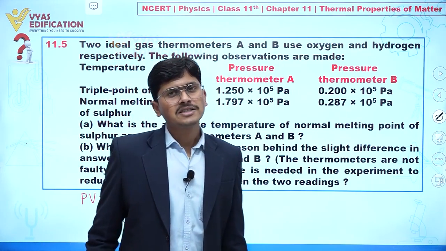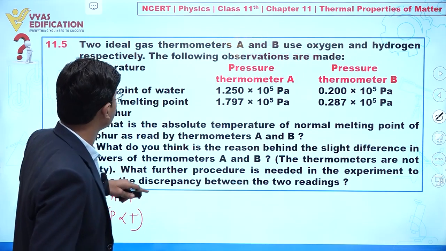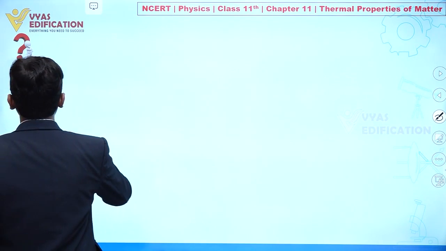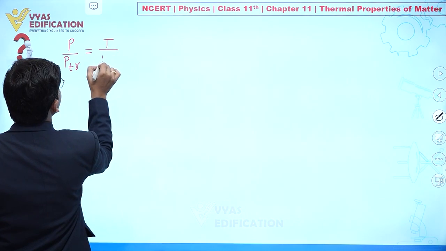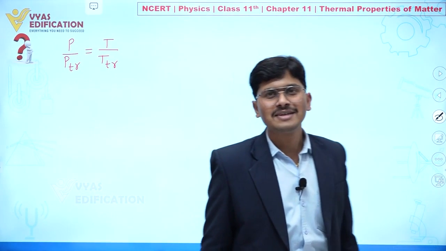Clear? So first we will calculate the absolute temperature for the normal melting point of sulfur, as read by thermometer A. Clear? So concentrate. I will utilize this concept: P divided by P_TR is equal to T divided by T_TR. What are P_TR and T_TR?